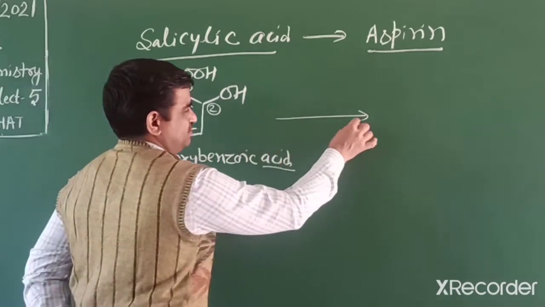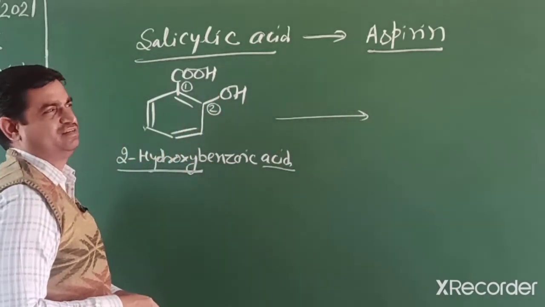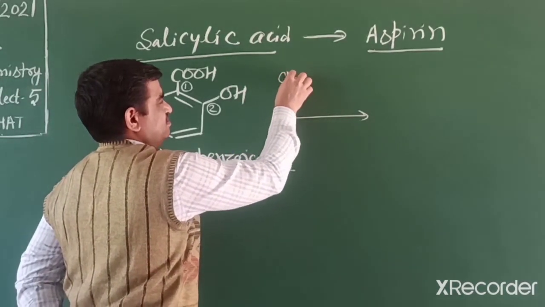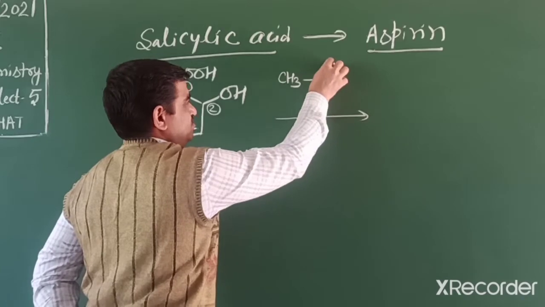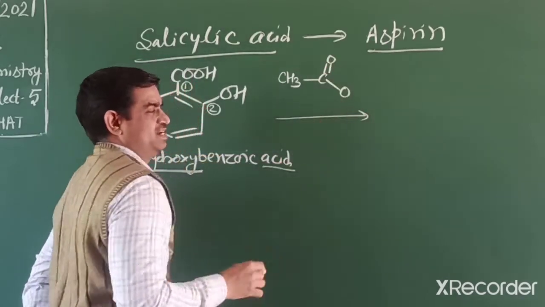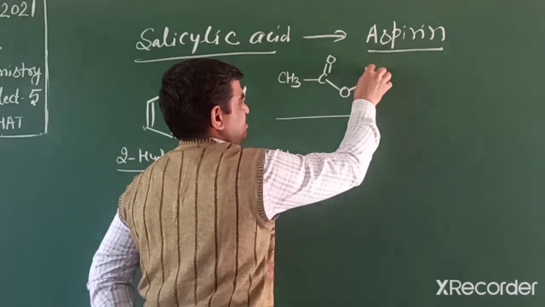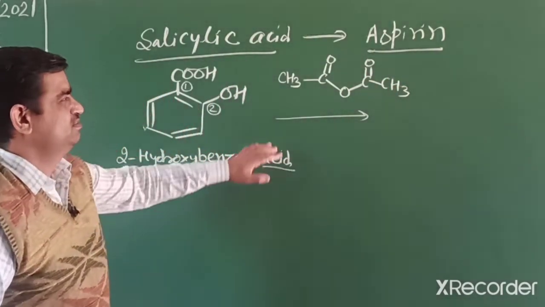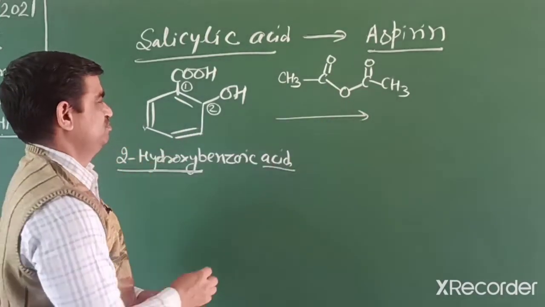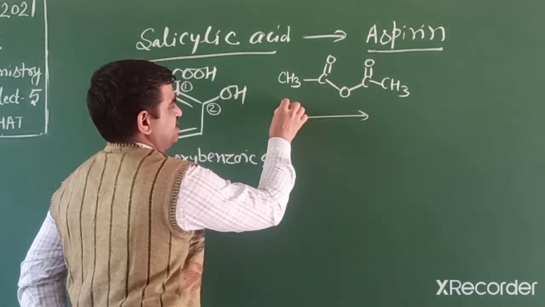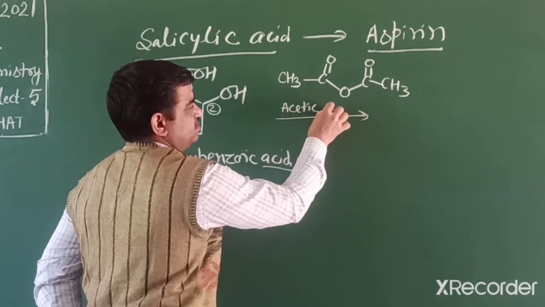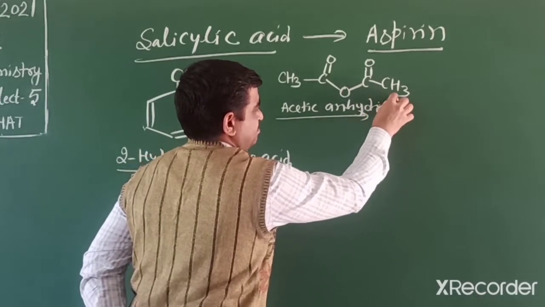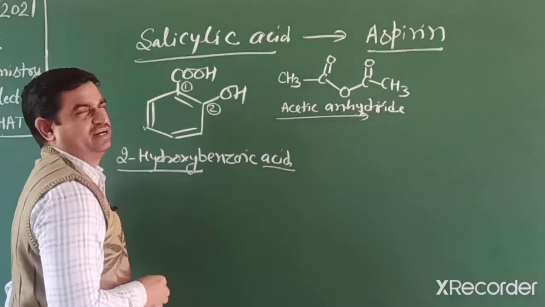In industrial applications, we generally use anhydride to get a better product. We can take such a type of anhydride. Anhydride can be written in this way also. The common anhydride we use is known as acetic anhydride.